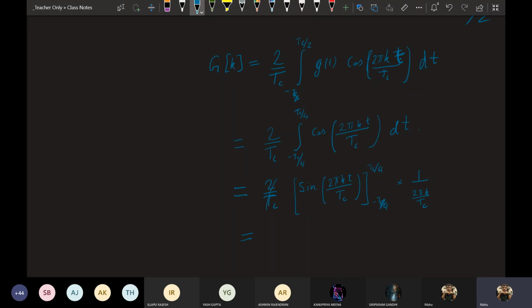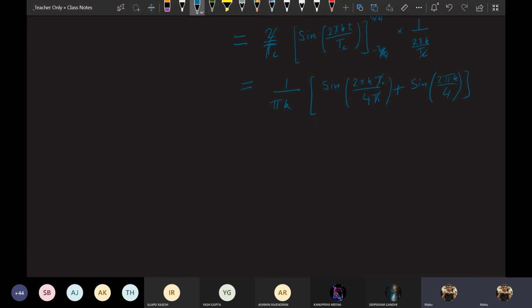So this 2 by pi cancels. 1 upon pi k, sine of k pi by 4 cancels, plus sine of k pi by 4, equals 2 over pi k, sine of k pi by 2. Fine.